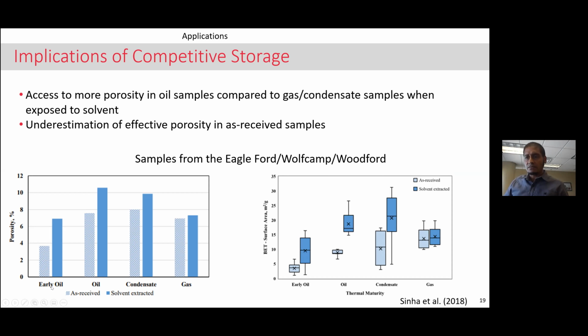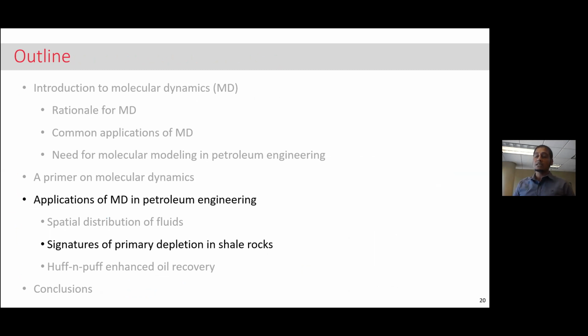It doesn't matter if this belongs to the volatile oil window or the black oil window or the gas condensate window. That's something that we see all the time. So again, molecular dynamics really was useful in telling us something about what we were observing from experiment.